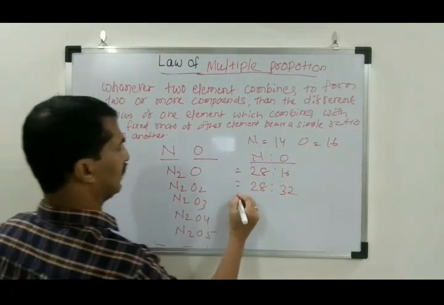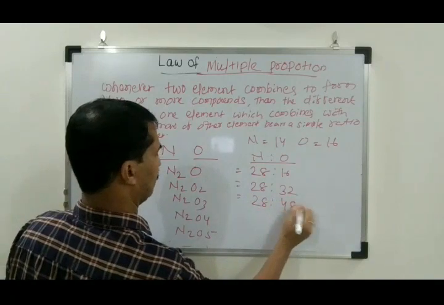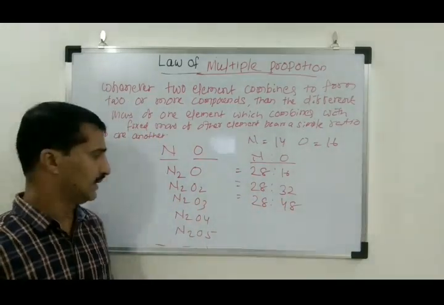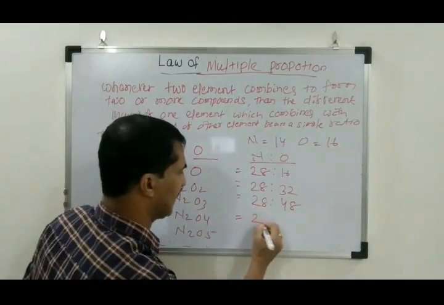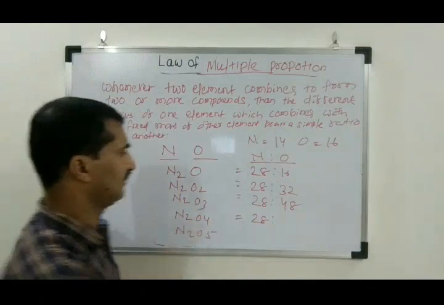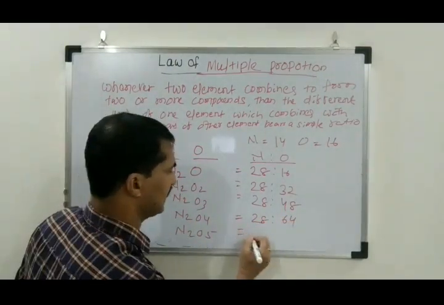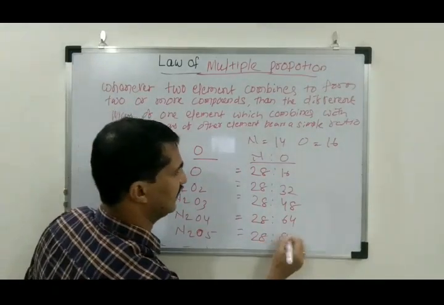In N2O3, nitrogen is fixed at 28, and 3 oxygen atoms give 16 into 3, 48. Next again 28 nitrogen, with 16 into 4, 64. Then N2O5, again 28, with 16 into 5, 80.